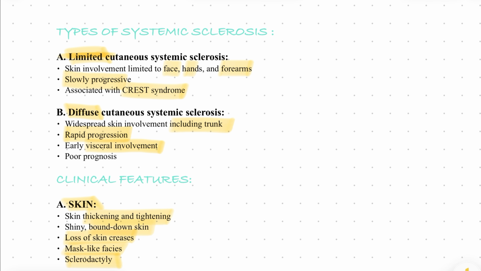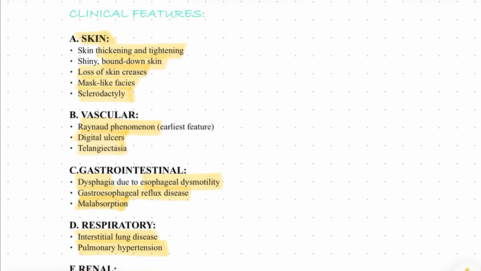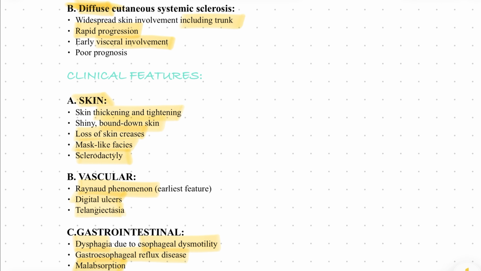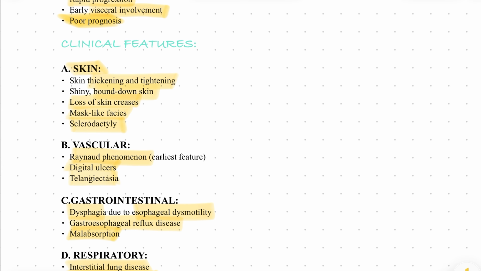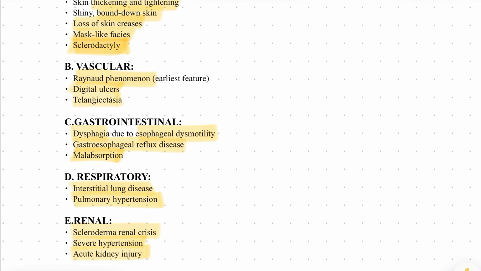Types, we have two, limited and diffuse. Which is most dreaded? Poor prognosis will be seen in diffuse. Then clinical features, skin. Mainly you need to remember sclerodactyly because it is a part of CREST syndrome. In vascular, you need to remember Raynaud's phenomenon, related to CREST syndrome.